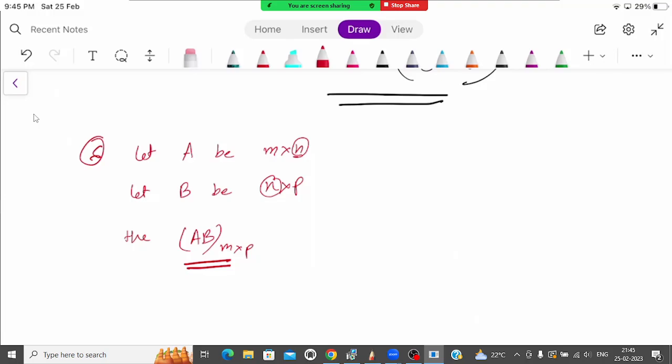Now we want to know the number of multiplications in this process.